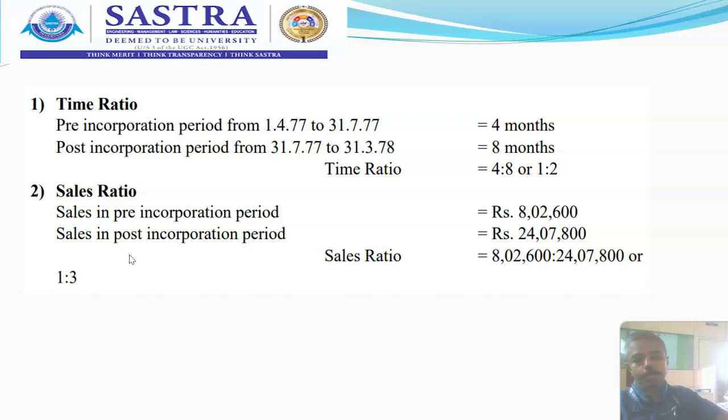Now I request you to count the number of months from April to July: April, May, June and July. How many months are there? 4 months, because it runs from the start of April till July end. So exactly 4 months for the pre-incorporation period. And then the post-incorporation period is after 31st July.